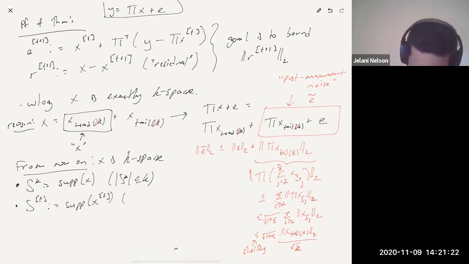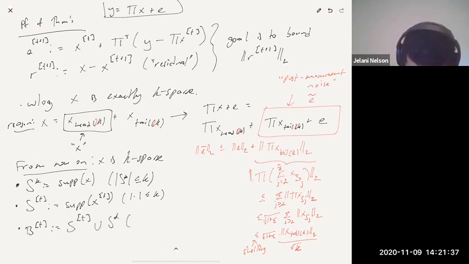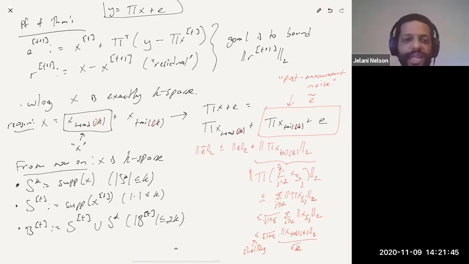So again, this has size at most k as well, because we did the hard thresholding operator. And then B_t is going to be defined to be S_t union S star. So the size of B_t is at most 2k, because I just took the union of two sets, each one has size at most k.